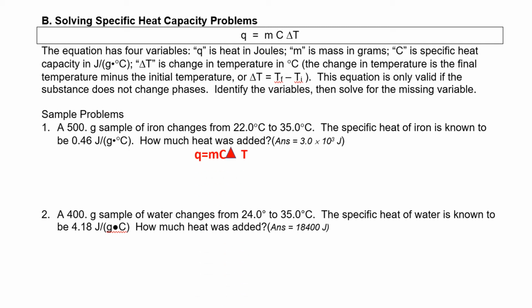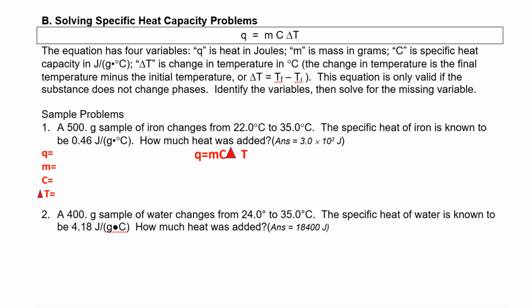So first we need to write down our formula, and then we need to figure out what we're given. We can list on the side Q, m, c, and delta T. They have not given us Q. That's what we have to solve for. They have given us the mass of 500 grams, the specific heat of 0.46 joules per gram degrees Celsius, and they've given us the change in temperature.